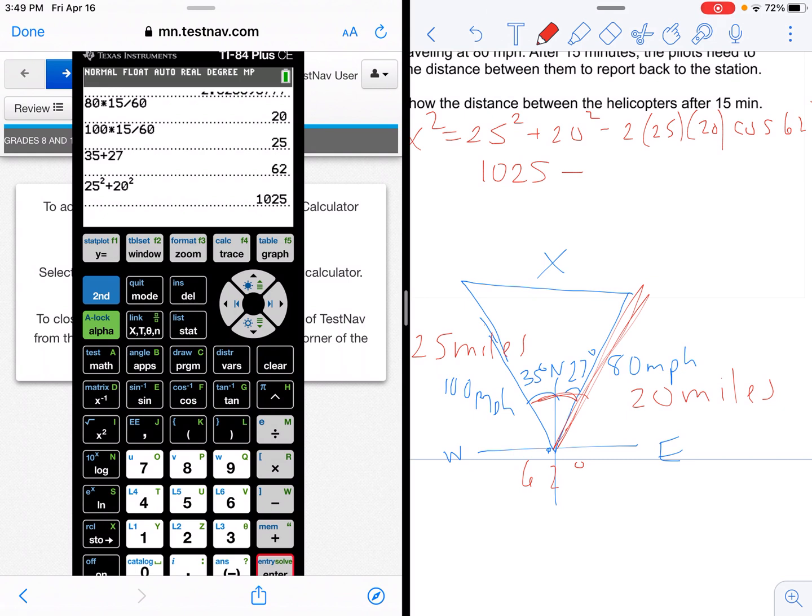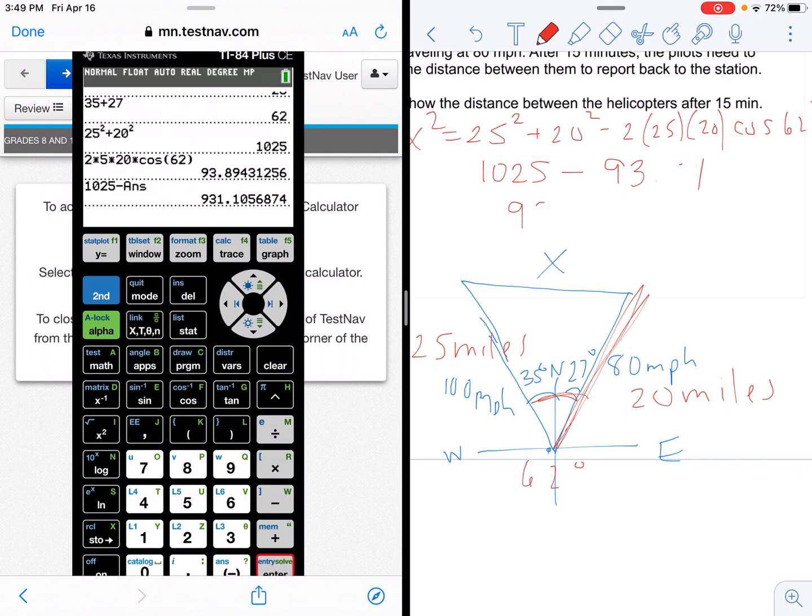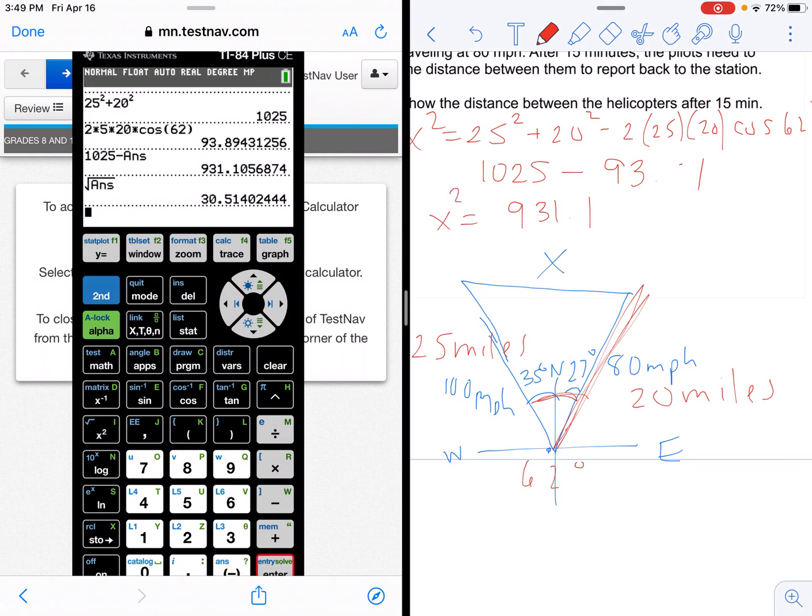And then do all of that together, 2 times 25 times 20 times cosine of 62. And then subtract the two. And then to get x alone, we take the square root. The distance between the two helicopters is 30.5 miles.